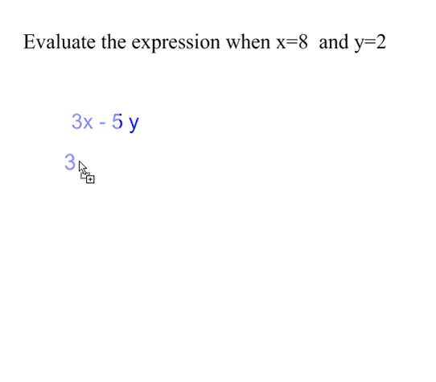So we can rewrite this as 3 times 8 minus 5 times 2. And using order of operations, solving left to right. Are there parentheses? No. Are there exponents? No. Is there multiplication or division? Yes. And going from left to right, this is the first one that we run into. So 3 times 8 is 24.